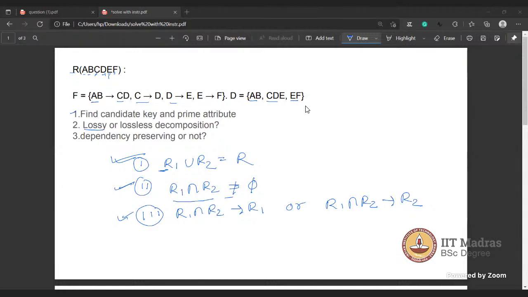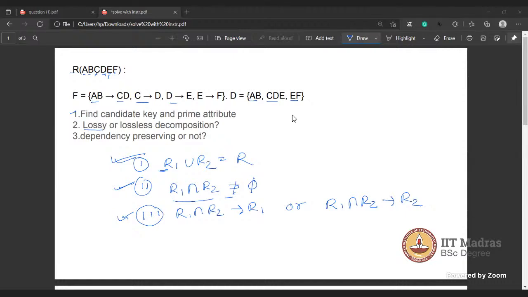If you take the intersection, it is clearly not phi, because there is some common element. So for me it is not lossy. And the third, the intersection of R1 and R2, will define the set EF. So all three conditions are satisfied, in my understanding.